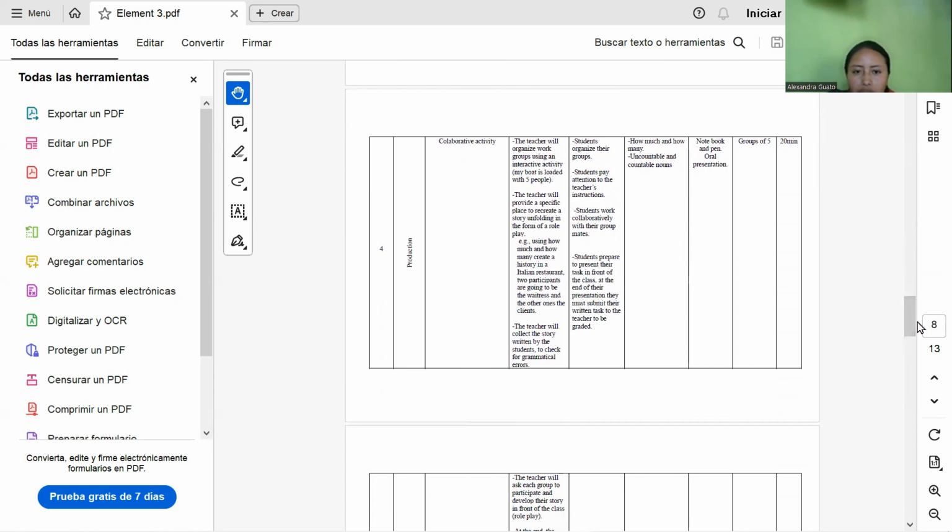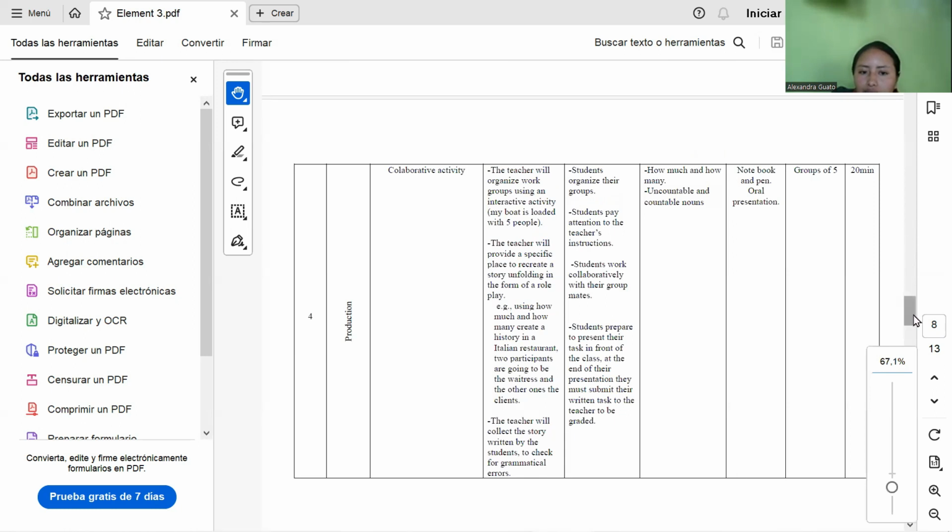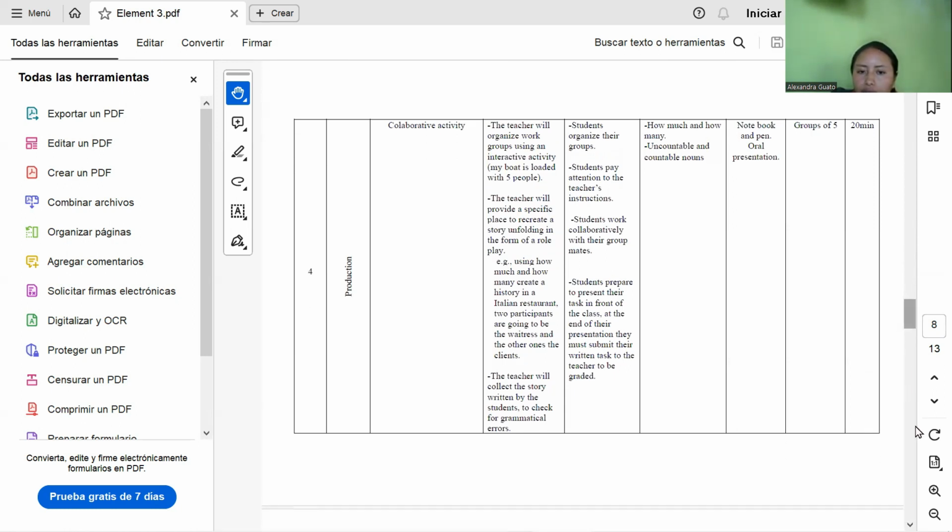The teacher is going to form groups of 5 people with a game called "My Little Boat Is Loaded With," in which the students are going to get up from their seats, and when the teacher finishes saying the phrase, 5 people are going to get together to form their group.